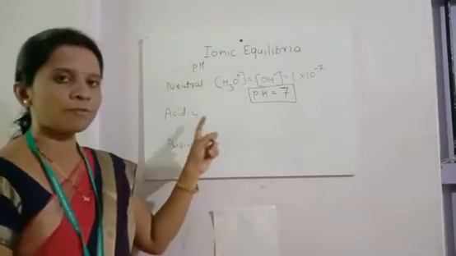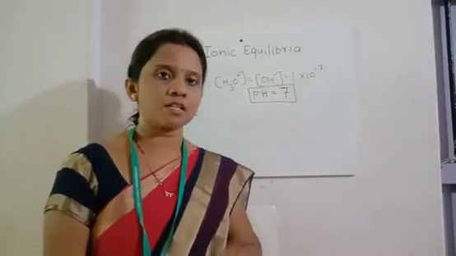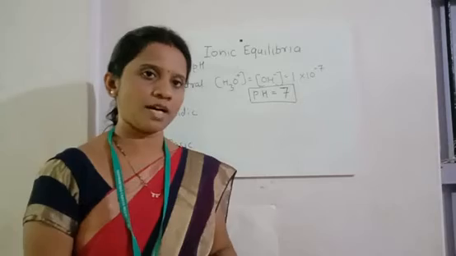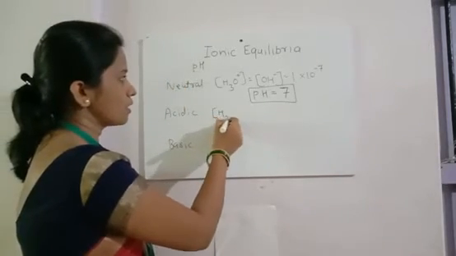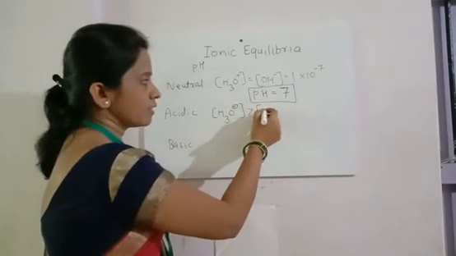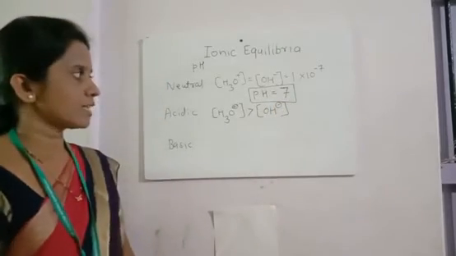Now in the case of an acidic solution, there is an excess of H plus ions. The solution is acidic, so there will be more hydrogen ions. In that case, the concentration of H3O plus will be greater than the concentration of OH minus ions.